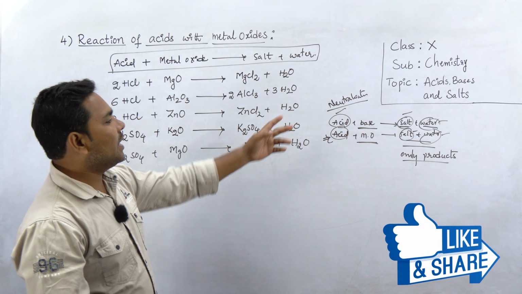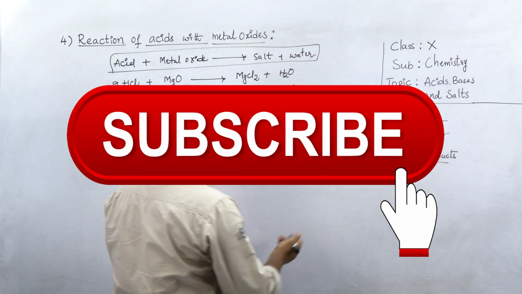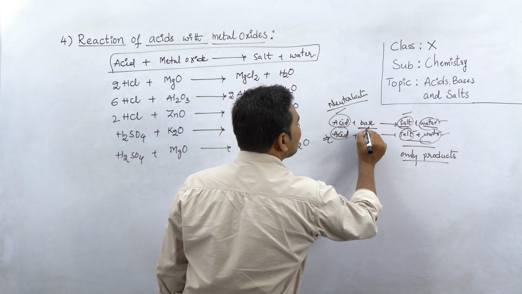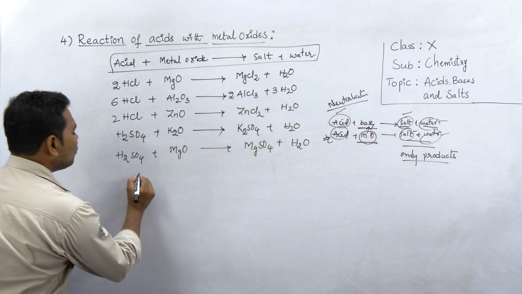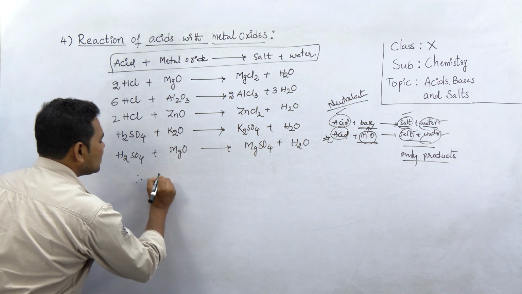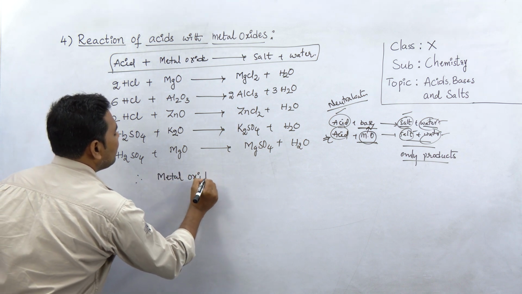So these two reactions are called neutralization reactions. But what's the difference? In this case, the metal oxide that is taken is acting like a base. Metal oxide is acting like a base. So we conclude an important conclusion, that metal oxides are behaving like bases.